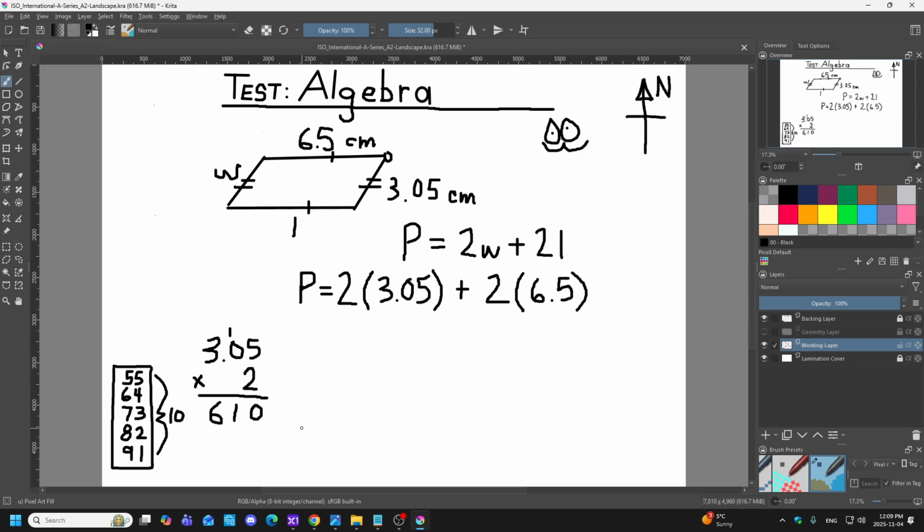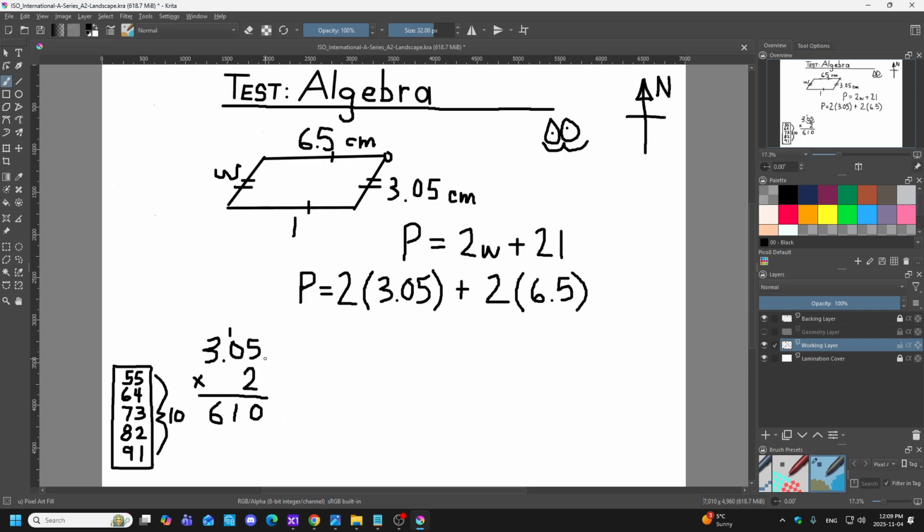Now, when multiplying decimals, figuring out where the decimal goes is easy. Here's how I do it. We could kind of look at it like upside down leapfrogging.